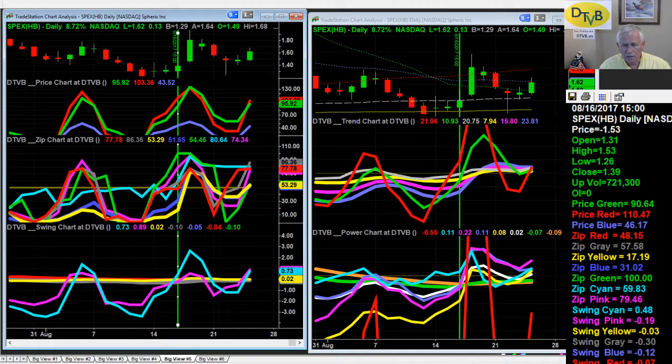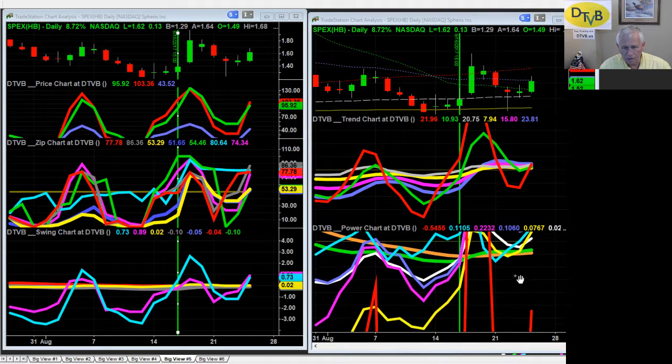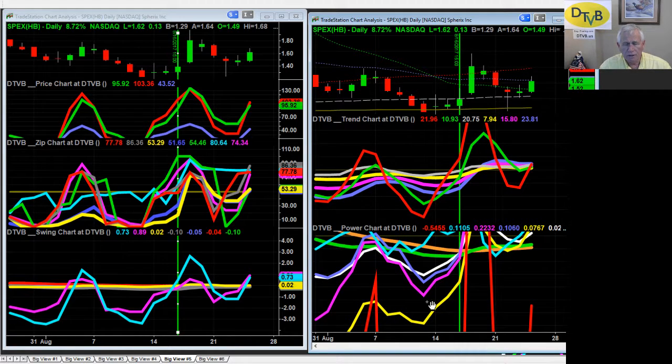One thing you can note here is what's happening with the values. If you've heard me comment about the relationship between Power Pink and Power Yellow, oftentimes Power Pink will be lowest and Yellow will cross through it and stay under and stay down low, whereas Power Pink will cross over Yellow and go up, proceeding to move the price up.